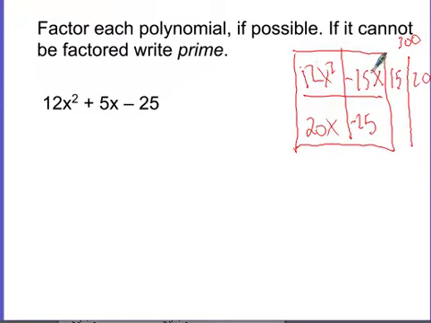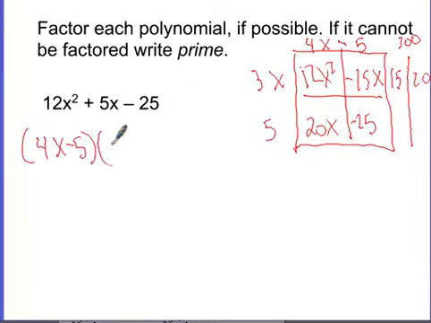Factors of 12x squared and 15x: 3x. 3x and 20x and 25: 5, plus 5. 12x squared and 20x: 4x. Then a minus 15 and a minus 25: minus 5. So 4x minus 5 and 3x plus 5.